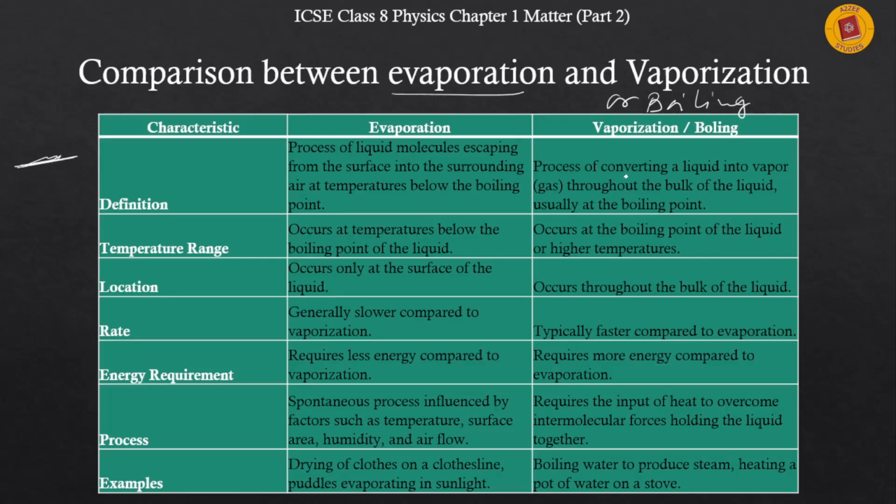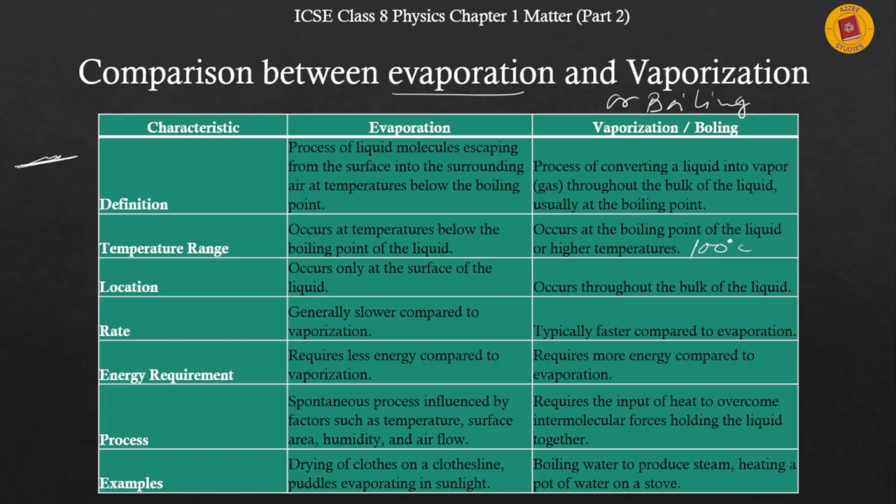Vaporization is the process of converting a liquid into vapor through the bulk of the liquid. Temperature range: as we have just discussed, evaporation occurs below the boiling point, and boiling or vaporization occurs at the boiling point. For water, for example, it is 100 degrees centigrade.